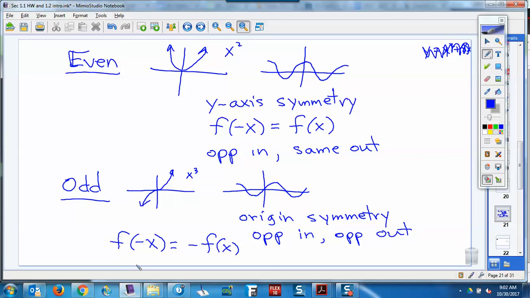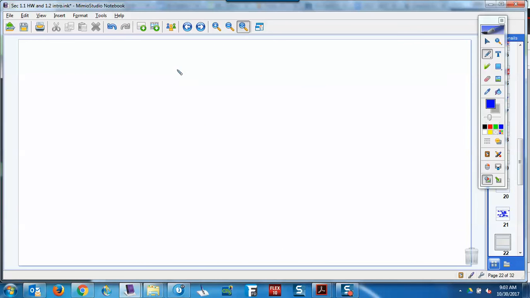Okay? Now, a quick test. How would I ask you this in homework or on the quiz? If you've got your calculator and you can graph it, you can talk about symmetry. You can say, yes, it has origin symmetry. Yes, it is an even function, has y-axis symmetry. If you had to show it without a calculator, you had to prove it with an equation, it looks like this. So let's say x squared minus 4, is that an even function?